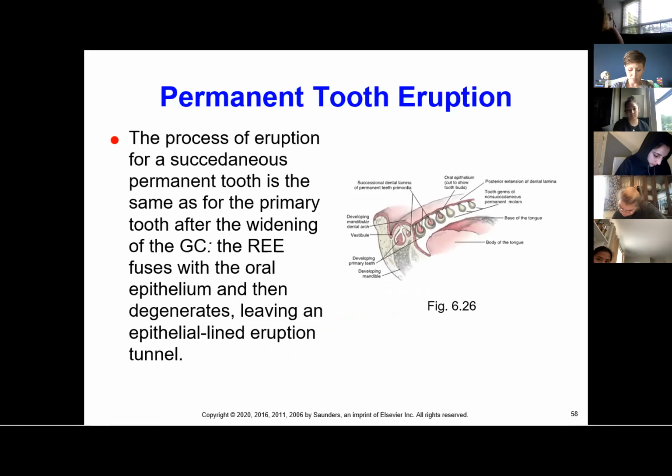As the succedaneous permanent tooth begins to erupt, the gubernacular canal, that's just a silly word, I'm sorry, is widened rapidly by osteoclast activity, removing the surrounding alveolar bone so that the tooth has a pathway to come in.